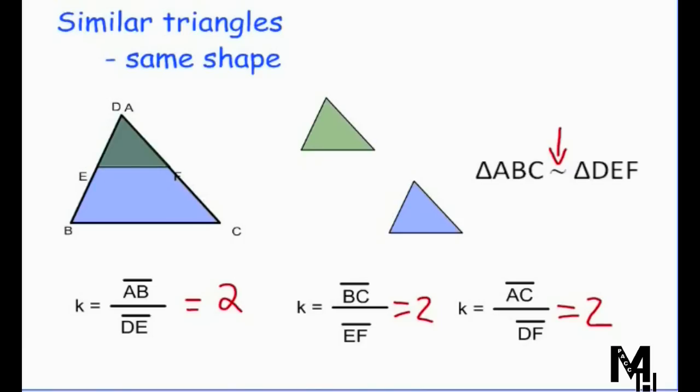For this reason, if I start the first triangle with letter A, the second triangle must start with letter D, because A corresponds to D. If we continue that, if we start with B, then we must continue with E. So here, after A, we place B. Therefore, our next letter has to be E. And the final letter, the only one left, letter C corresponds to letter F. So when you complete the name for the triangle ABC, you must complete the name for the other triangle, DEF.